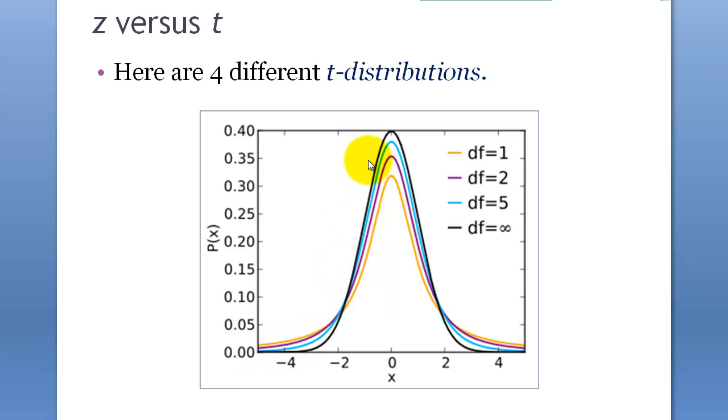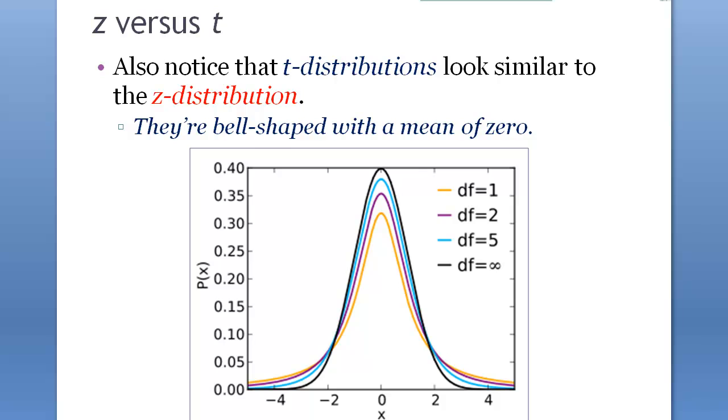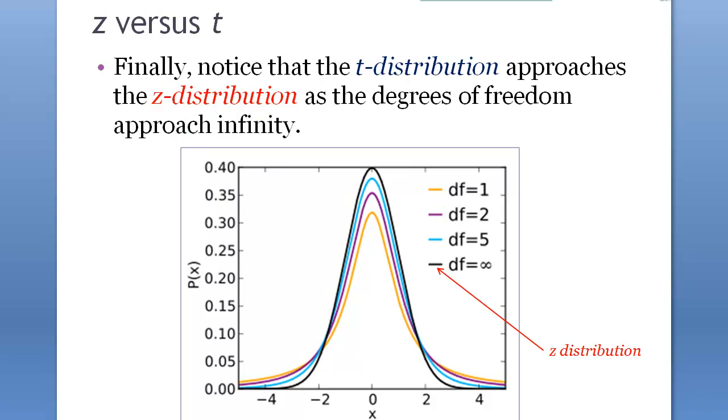The shape is gonna be different depending on the degrees of freedom or sample size, because we don't know the variance. That's why each line is formed based on different variance.